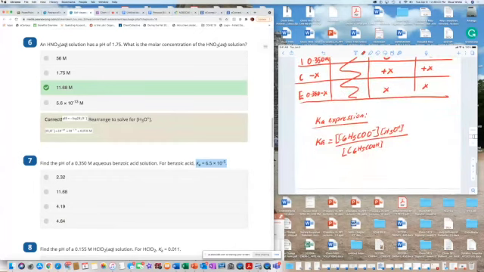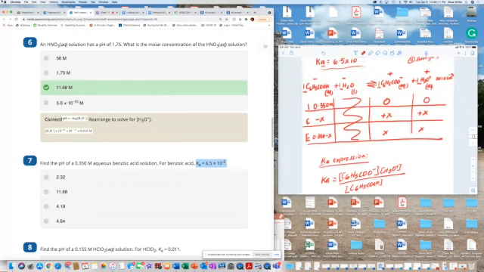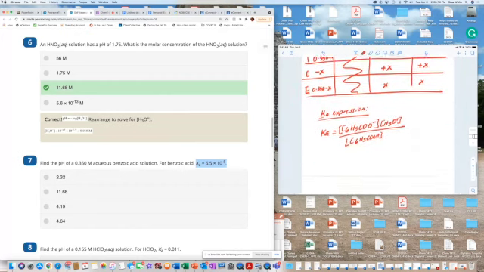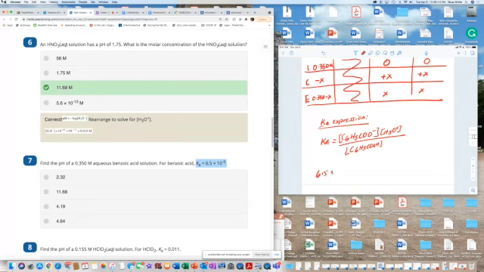Remember we leave the water out. This is an equilibrium expression, so you only put the equilibrium values in here. We have the actual Ka value, 6.5 times 10 to the negative 5, equal to the top equilibrium numbers, in terms of x, x times x, divided by the bottom number, 0.350 minus x.